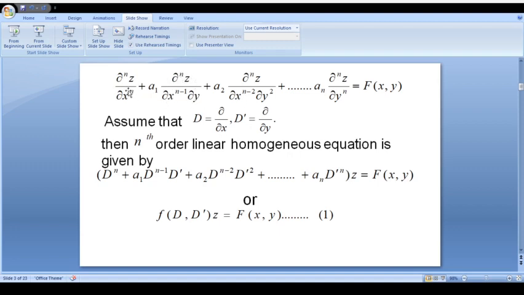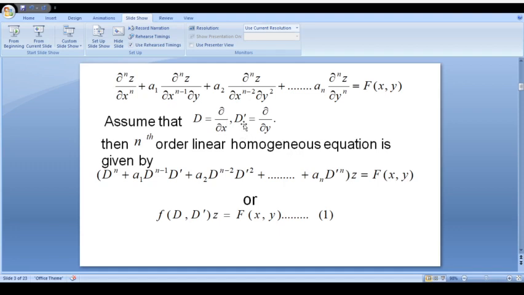Like that all the partial derivatives are of degree 1. So this is one partial differential equation which is equal to F of x, y.